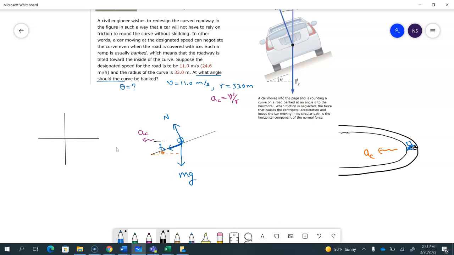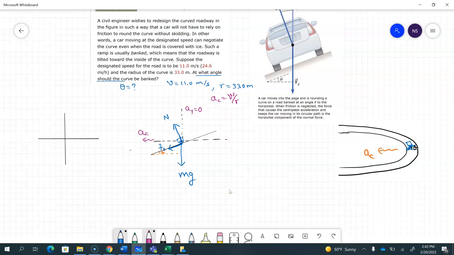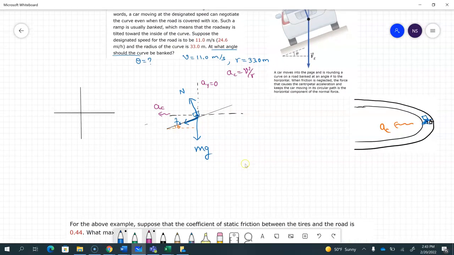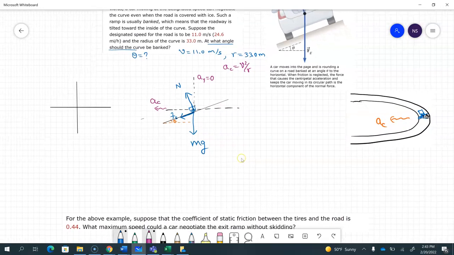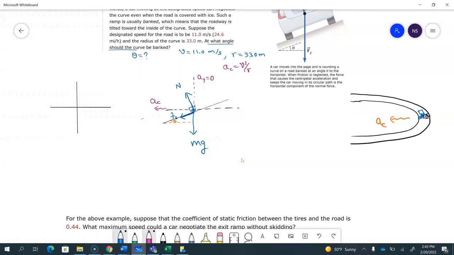So this is along the acceleration, and the one that's vertical, that's perpendicular, we'll call it y. There is an acceleration to the left, that's the centripetal acceleration, but there is no acceleration in the y direction. a_y is 0, right? And just like we have done in the past, anytime you have forces that have angles, we'll have to resolve them into components and then write our Newton's second law equations.